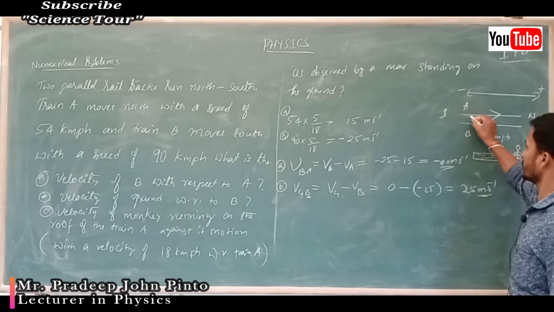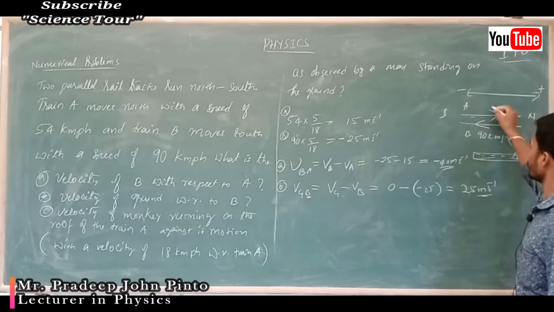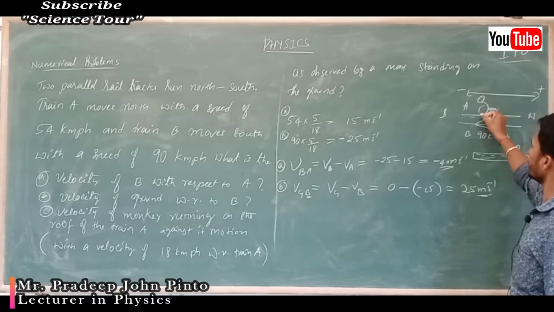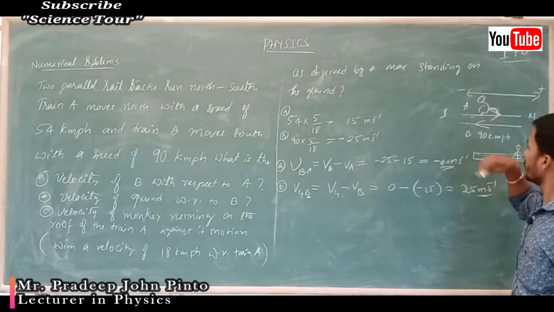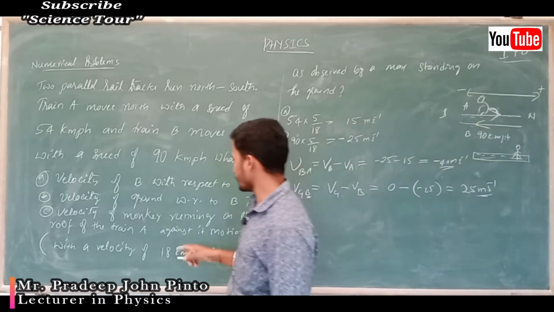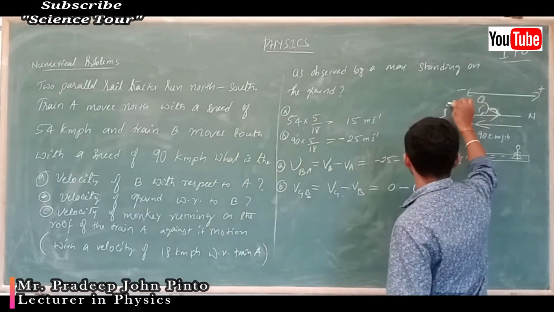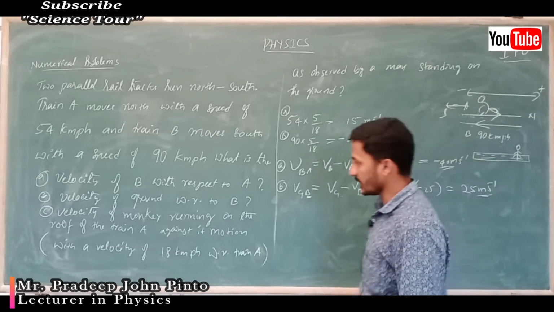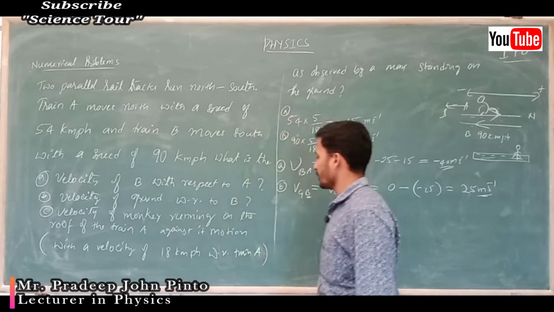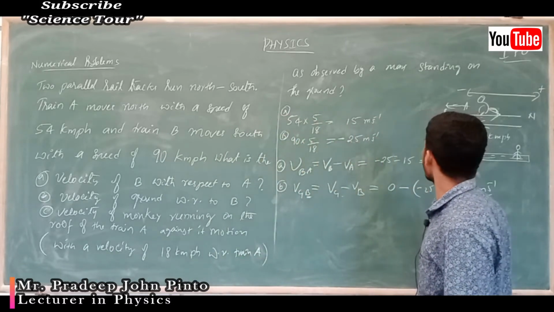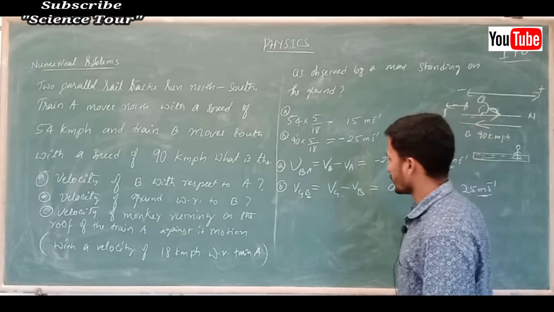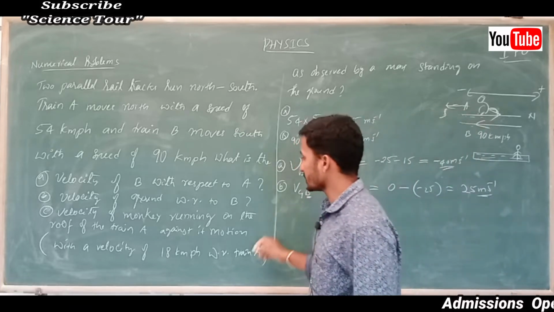The train is moving from north to south, and a monkey is running on the roof of the train against its motion, which means in the positive direction. It is given in brackets with the velocity of 18 km per hour with respect to train A. So what is that?